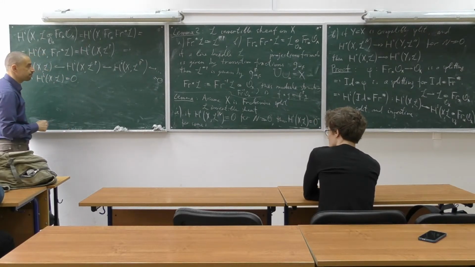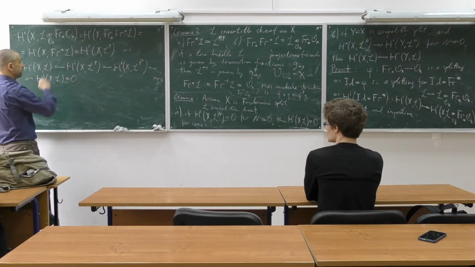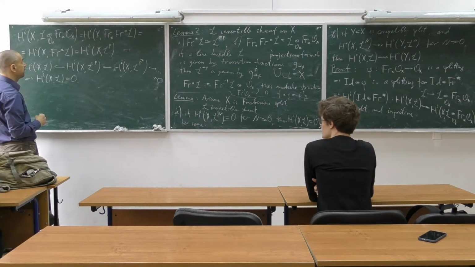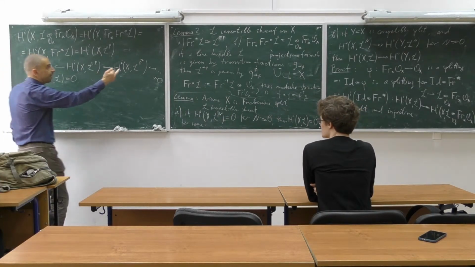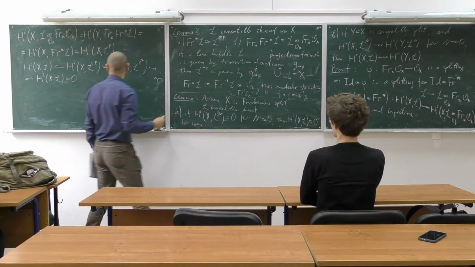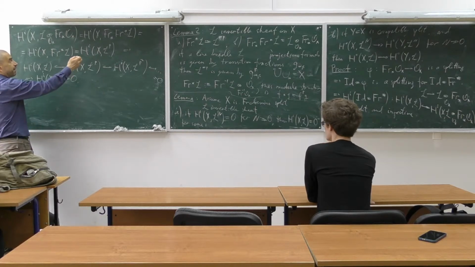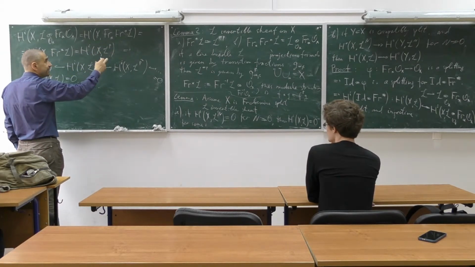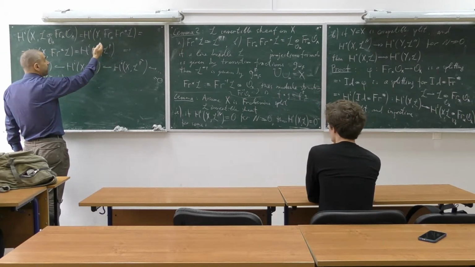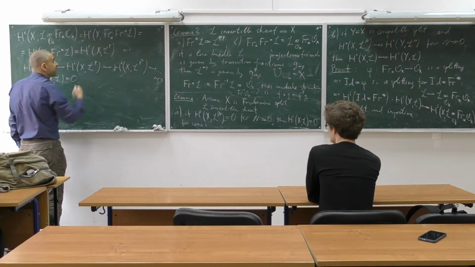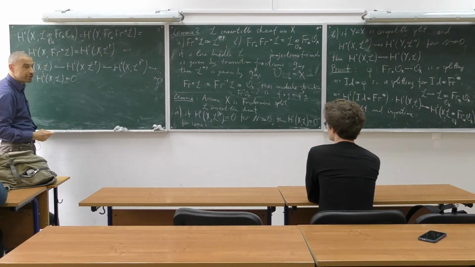In the second row, you mean push, not pullback. Why? I do mean pullback. We are using this. You use B first, and then A. So the Frobenius is a finite morphism, so it has no higher cohomology.